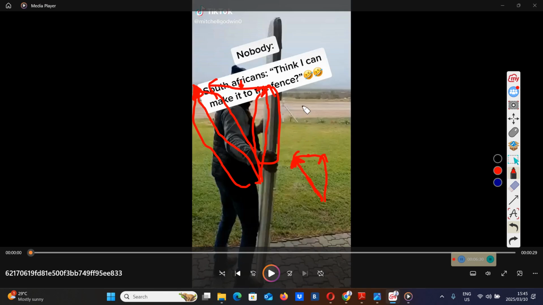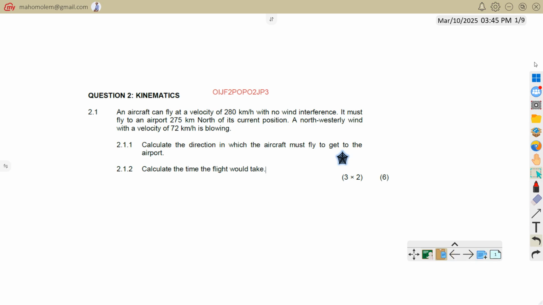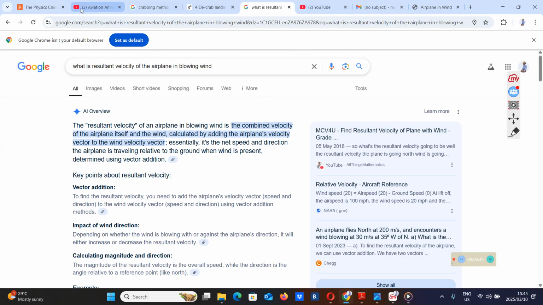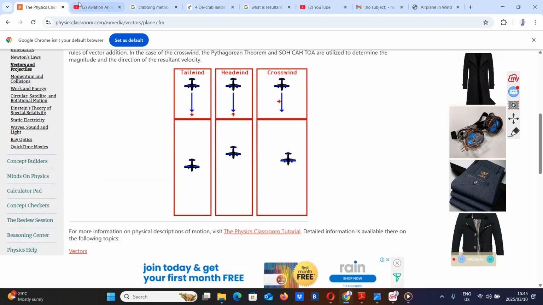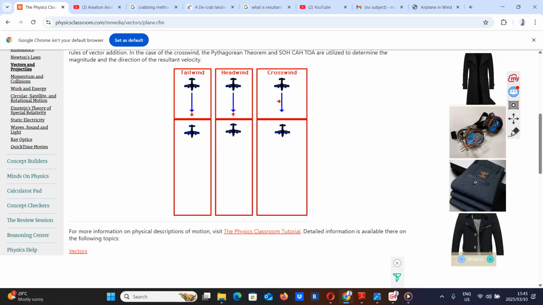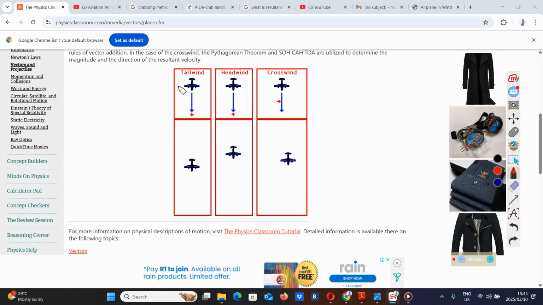Right. So basically, that's what is going to happen when we get into contact with the wind. We can also check this. If we are moving in the same direction as the wind, the wind is going to increase your speed.